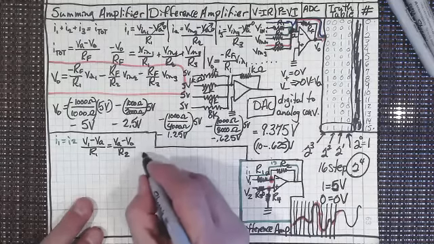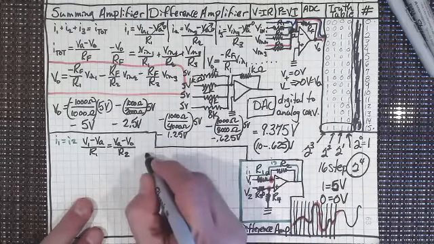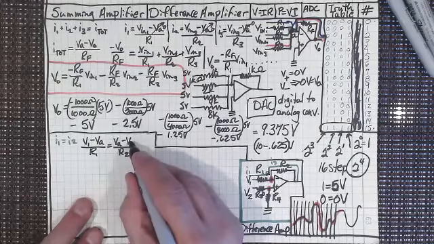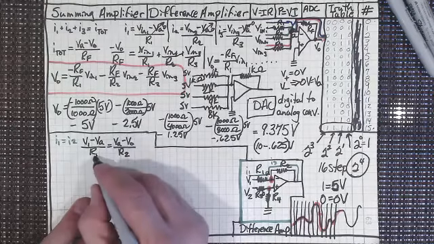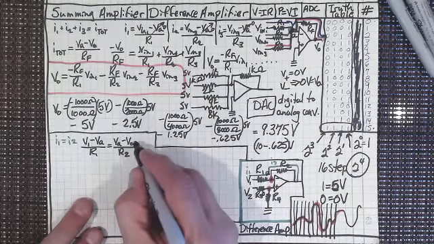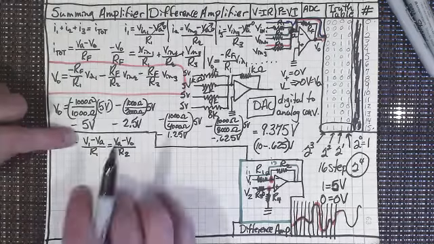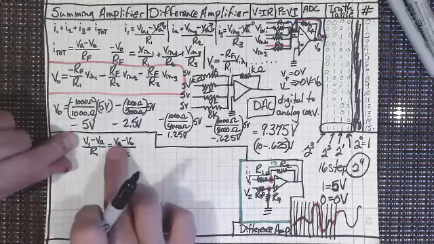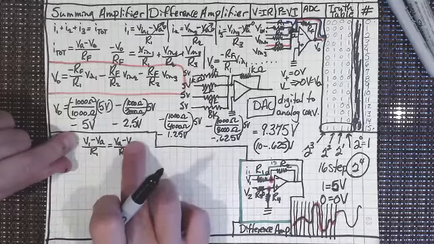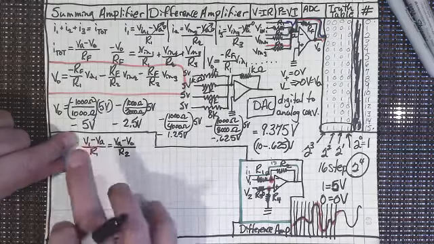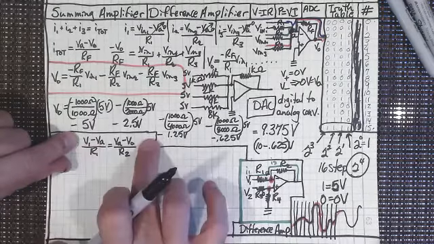So let's just do a little algebra here. I don't want to lose you in the algebra. If I am solving for V sub O, can I throw V sub O over on the other side, and get rid of this R2, put that over here? So I've got R2 over R1, and then I'll have VA minus V0. Can I take that V0 over to the other side, make it positive, and take all of this over to this side and make it negative?